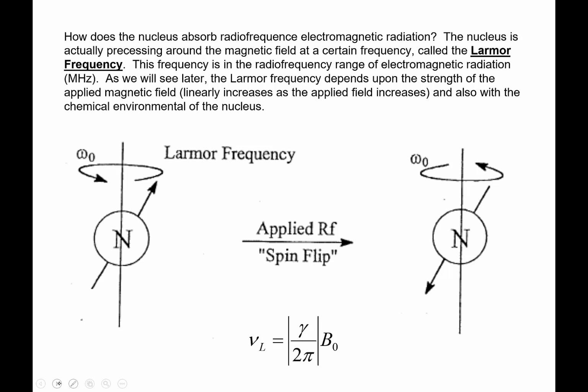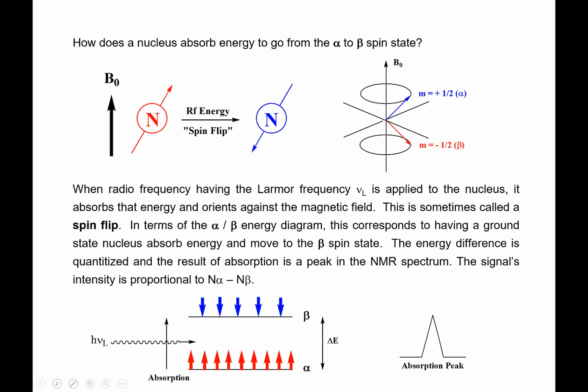And when the molecule absorbs energy, it goes from ground state to excited state, and we will see a peak on the spectrum. So far it's kind of like IR. Different phenomenon, same general principle. So apply the radio frequency, do the spin flip, and go from the ground state to the excited state. That's what we're going to do in NMR spectroscopy.